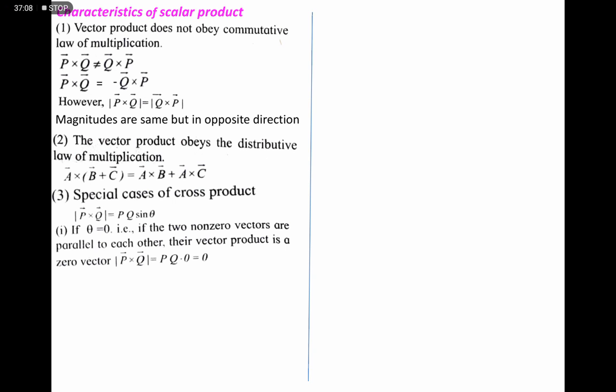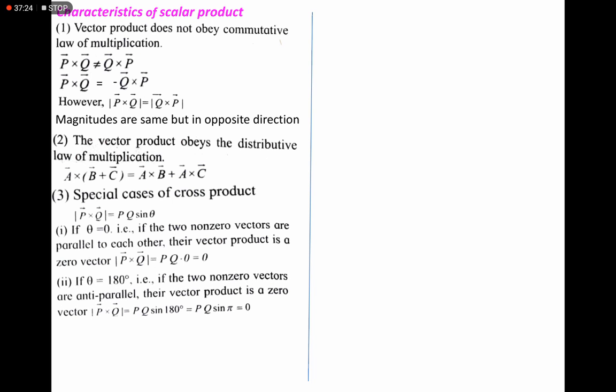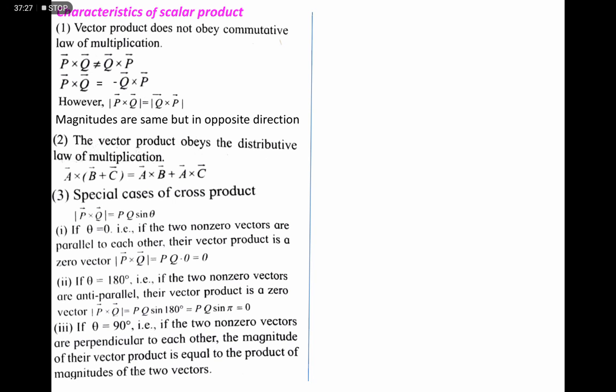If theta is 180, then the vectors are anti-parallel to each other, and when it is 90, the vectors are perpendicular to each other, but their cross product magnitude is not 0. The magnitude of the vector product is equal to the product of the magnitudes of the two vectors, which we already studied in the scalar product.